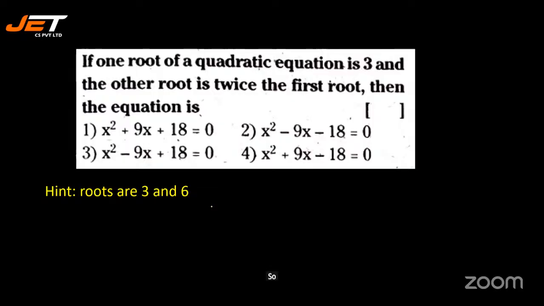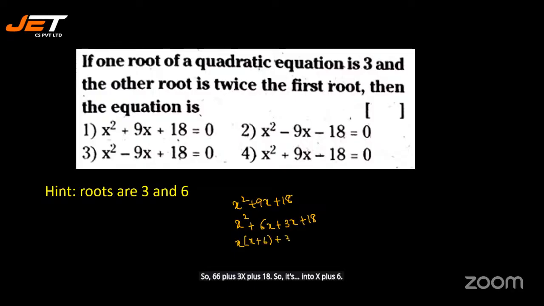So why don't you try the first one? Let's try the first one and see whether our answer is coming. x square plus 9x plus 18. So x square plus, 6 3s are 18, isn't it? So 6, 7, 8, 9. So 6x plus 3x plus 18. So x into x plus 6 plus 3 into x plus 6.